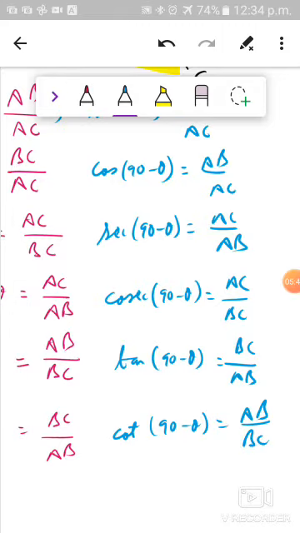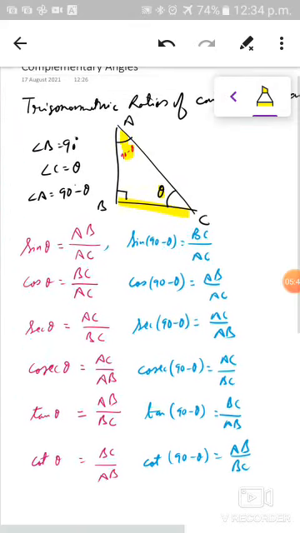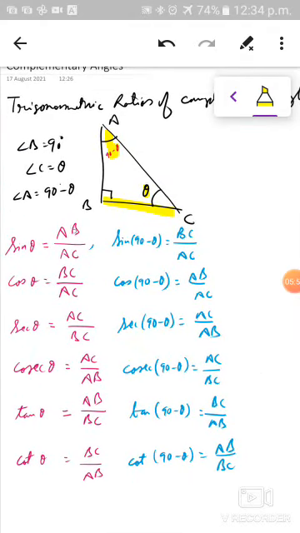Now if we observe very carefully, this is AB by AC, right, and this is also AB by AC. So what do you see? This is AB by AC, this is AB by AC, equal.